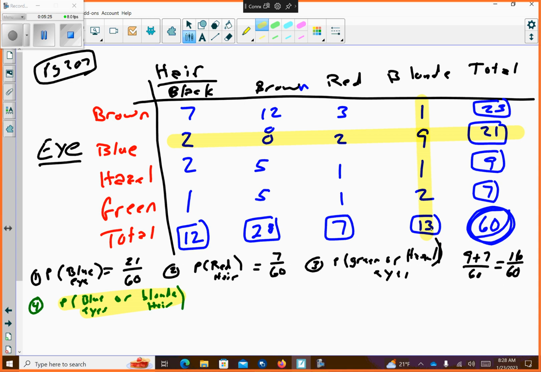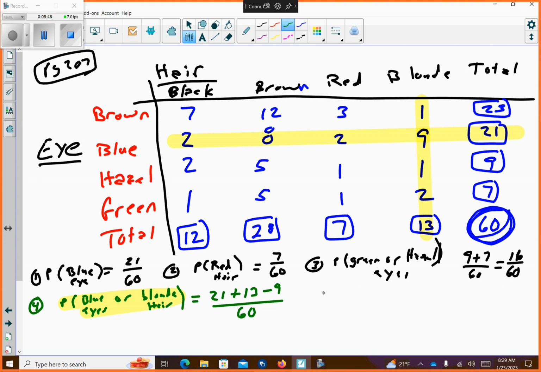I can count the 21 going across, no problem. If I get the 21 and I get the 13, I have to make sure I don't double count that 9. So I'm going to subtract a single 9 from it. That's basically the math that's taking place.